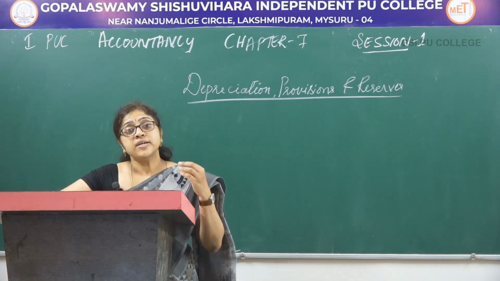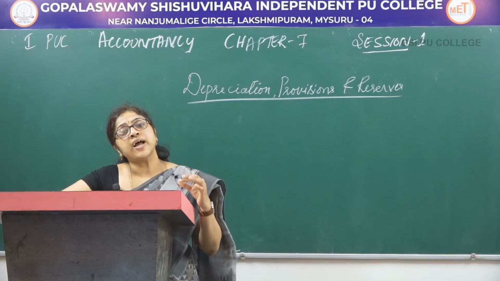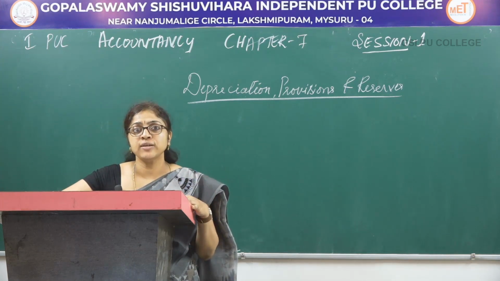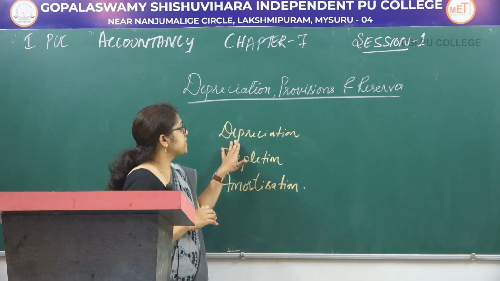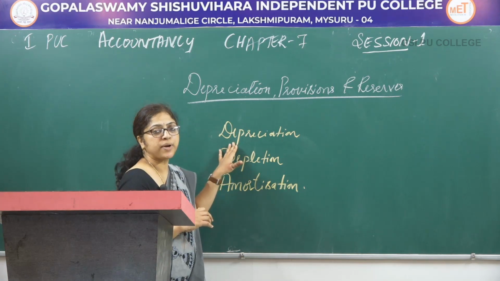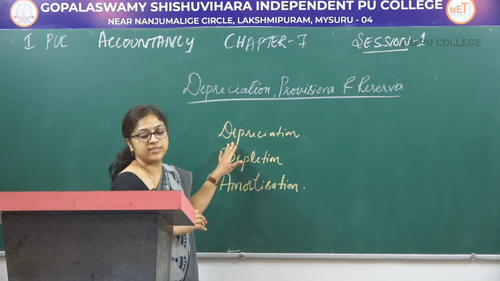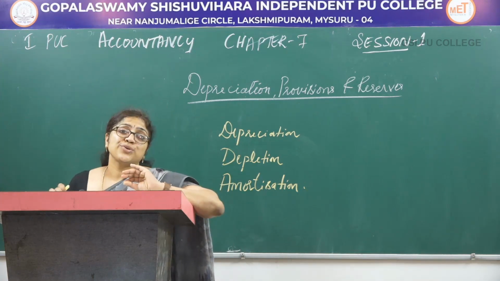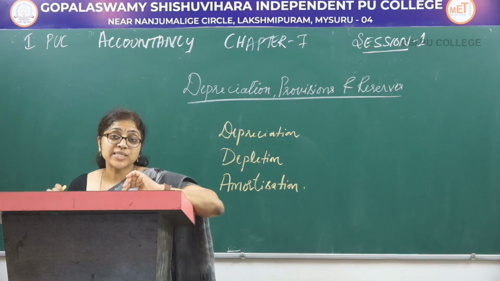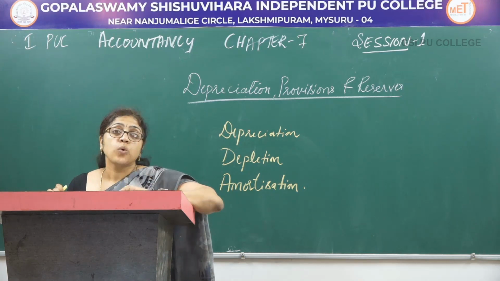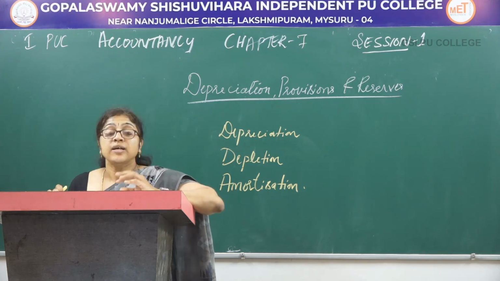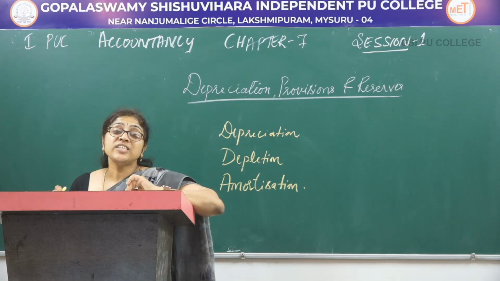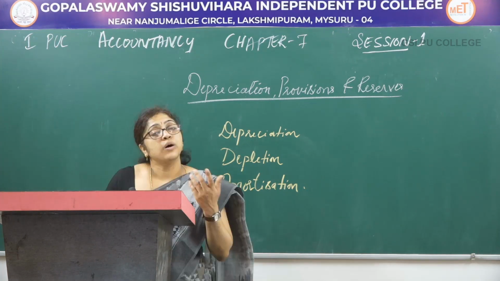There are some terms like depletion and amortization which are also used in connection with depreciation. Depreciation means decrease in the price value of an asset. Depletion is the term used in the context of natural resources like mines, quarries, etc. that reduces the availability of the quantity of the material or asset.